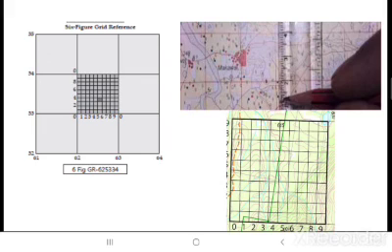You all know, in a topographical map each grid equals 2 centimeters. That is the scale which we take, which I will explain in the next topic.